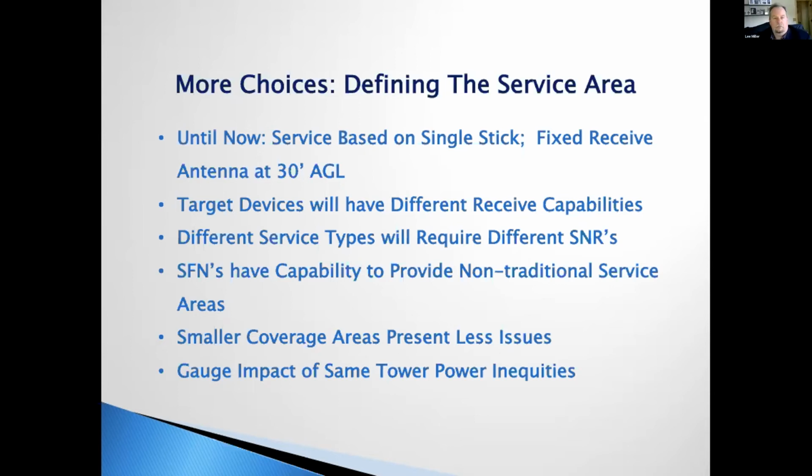So we'll have more choices. You really will be able to define the service area. Until now, based on a single stick, well, we're moving past that. So again, this is about what you need, who your clients are, and how much power you want to put in what direction. Now I'm just going to show a few examples of potentials.